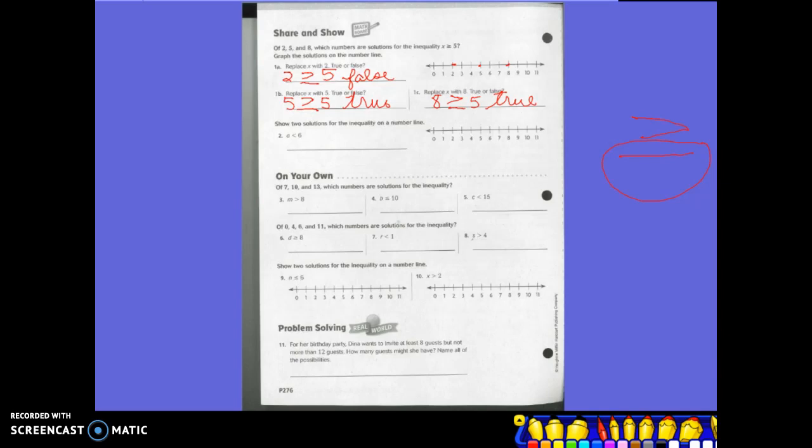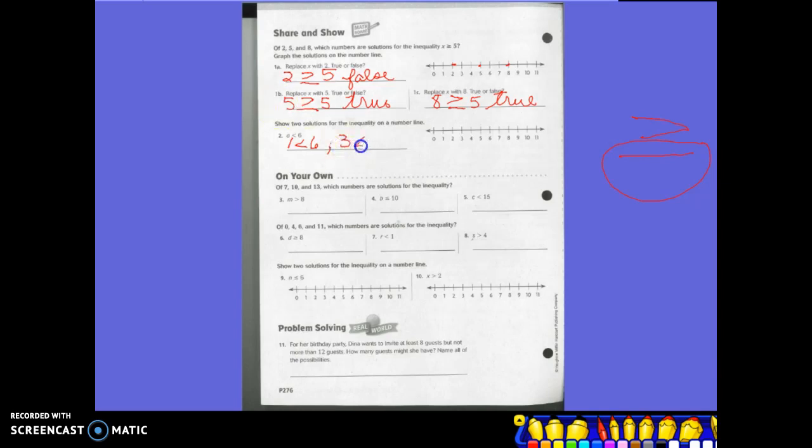So two things that are not equal, but are less than 6. Tell me one. 1 is less than 6. Okay. Elena, what might be another one? Three is less than 6.